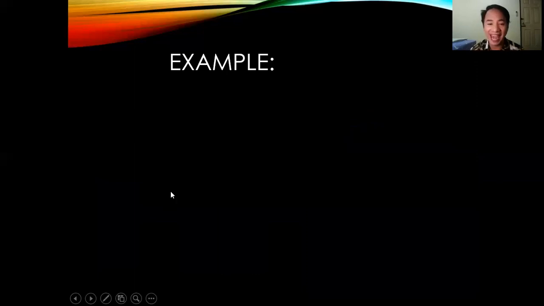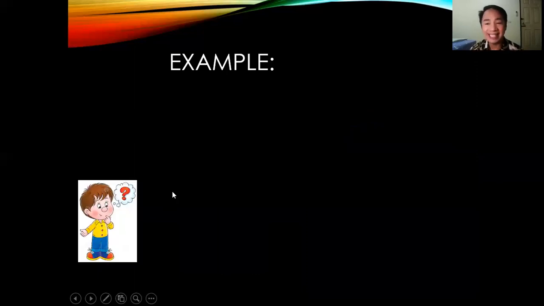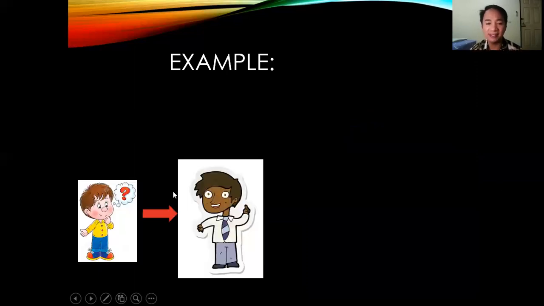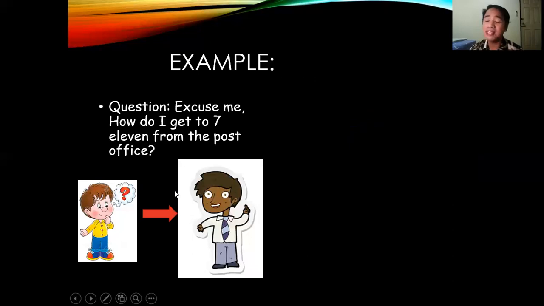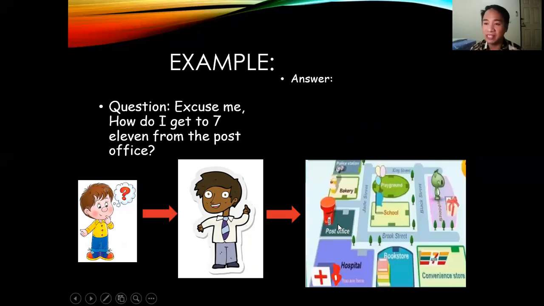Look at the photo again. A boy is asking a person, excuse me, how do I get to 7-Eleven from the post office? So this is the photo. You are here at the post office, for example.